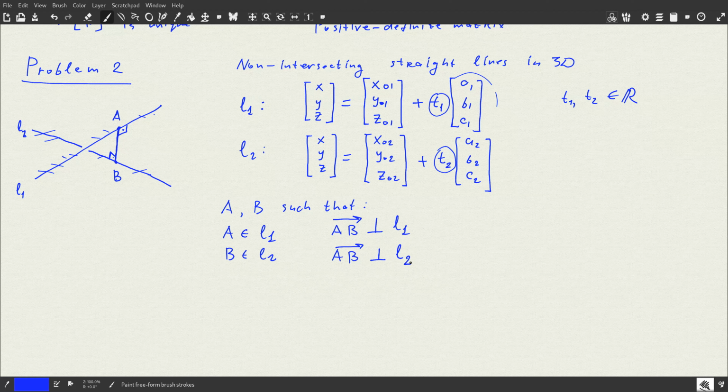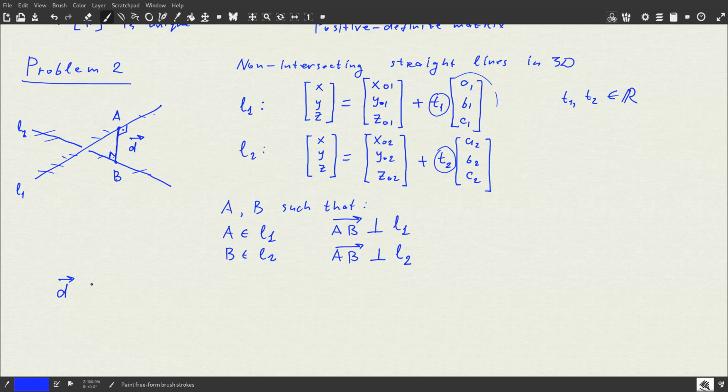How do we do it? You already probably have an idea what to do. If vector AB is orthogonal to both L1 and L2, and L1 and L2 have directing vectors given here, a1, b1, c1, a2, b2, c2, then we can construct this vector AB. Well, some vector collinear with AB. Let me denote it by, let's say, some vector D. It is not AB itself.